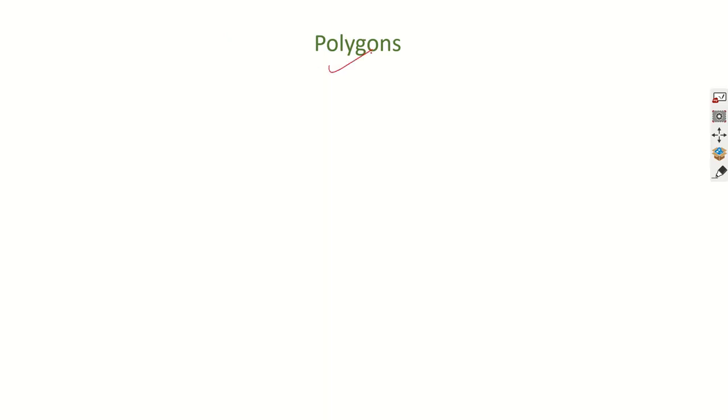What are polygons? You studied about a point first in your study of diagrams in mathematics. Then you studied about a line. You studied about a line segment, I remember. Then you studied about an angle drawn with two sides and a common arm, common vertex.